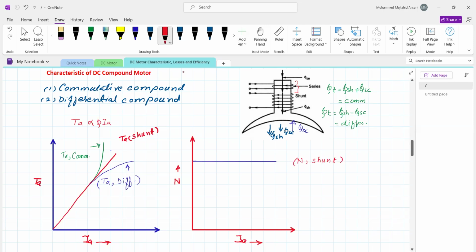Now, as load increases, the flux also increases, and we know that speed is, as long as the back EMF is constant, EB upon flux phi. So for the increase in load, the flux is additive. The flux is in the denominator, so speed decreases. So we will observe that there is a decrease in speed, and this decrease in speed is for the cumulative motor.